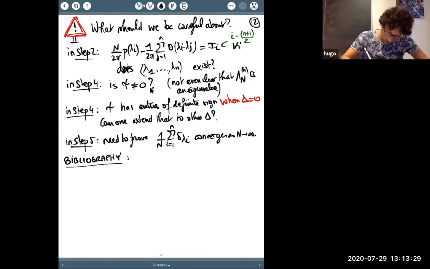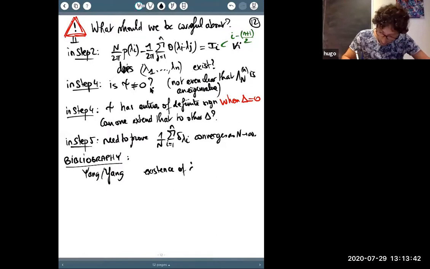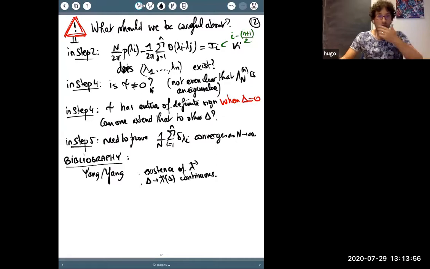For instance, Yang and Yang, in a very famous paper, kind of justified existence, so in some sense step 2, and also something that I will come back to, that you can even find solutions that are continuous. So for every delta, you can find a solution to the Bethe ansatz equations, and you can even find it in such a way that it moves continuously with delta. Very nice property. But they didn't deal with the condensation at all.